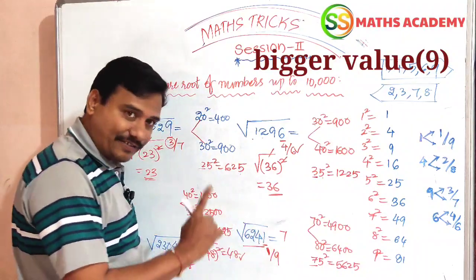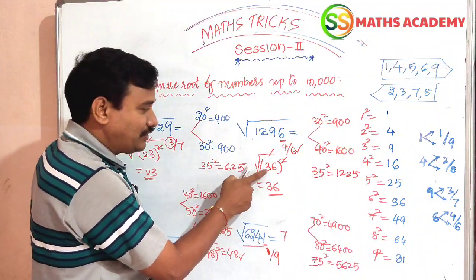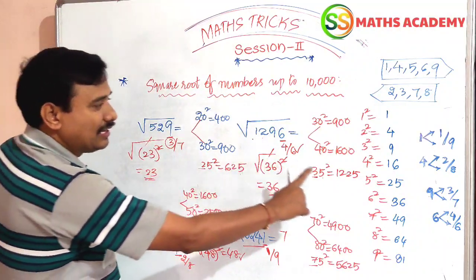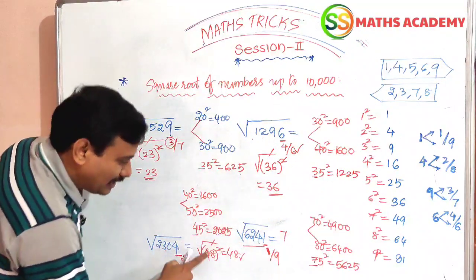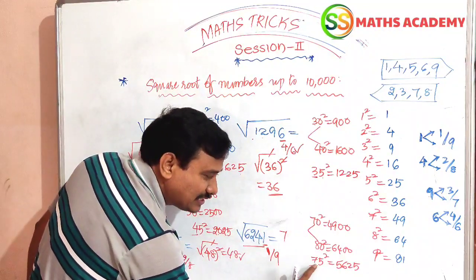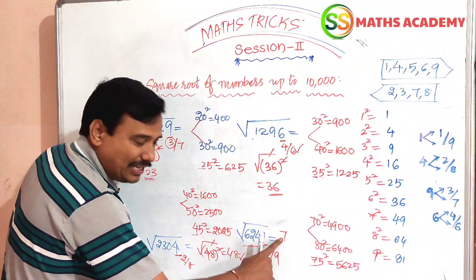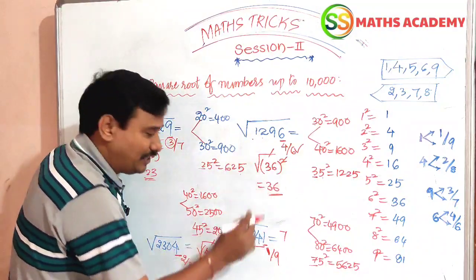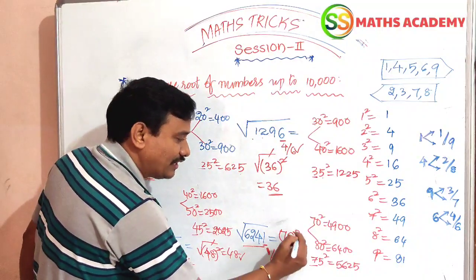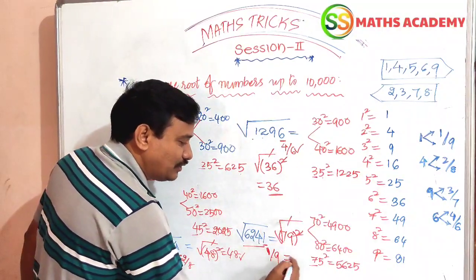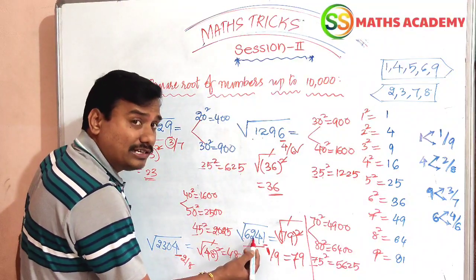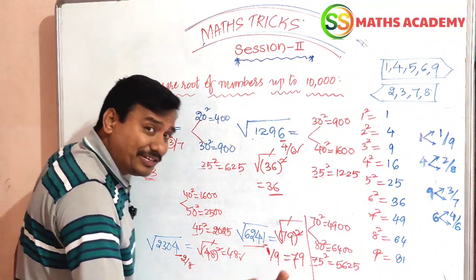You can take 7. More than this value means you can take 9. So 79 whole square, the square root cancels. You should get 79. Simply we can write the square root of 6241 is 79.